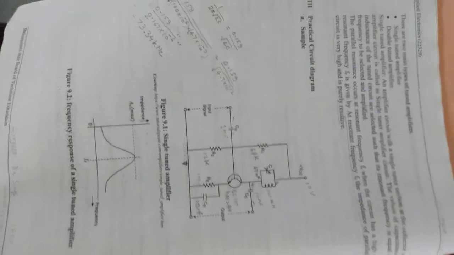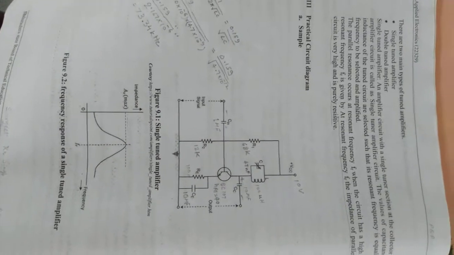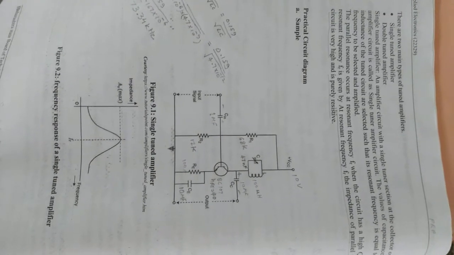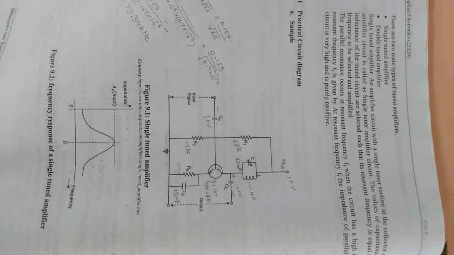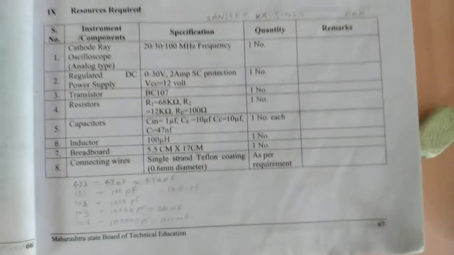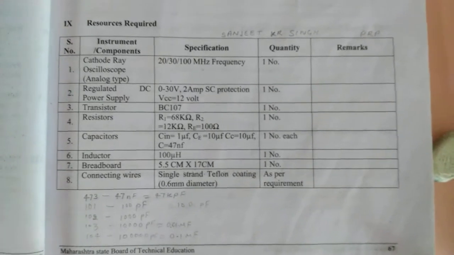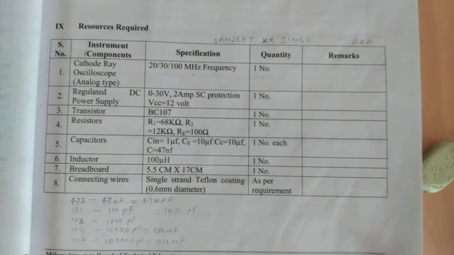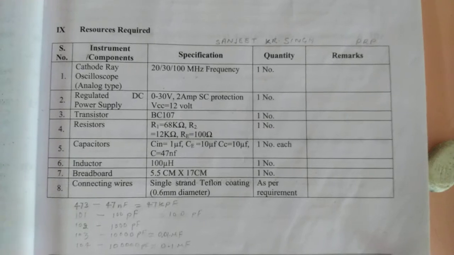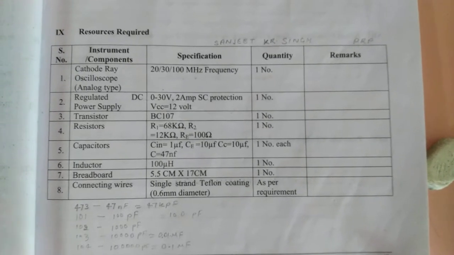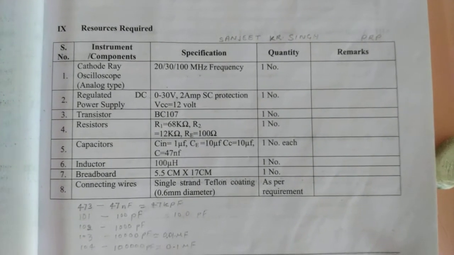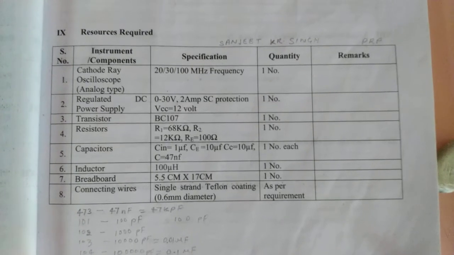This is the practical circuit to be implemented. The resources required for performing this practical are here. The CRO for observing the input-output waveforms, regulated power supply for supplying the VCC supply of 10 volt or 12 volt.